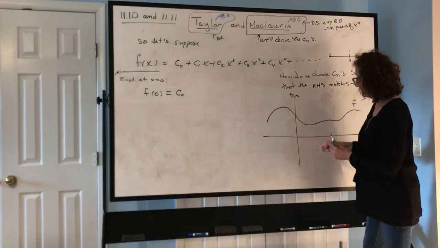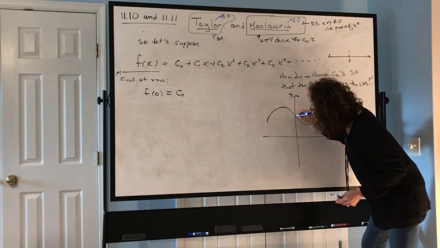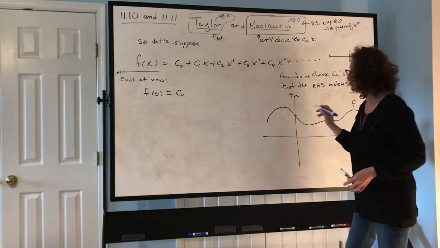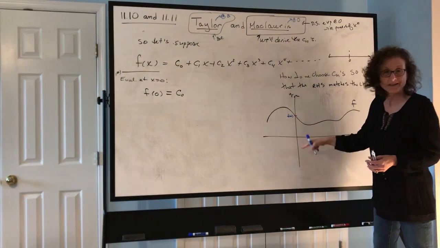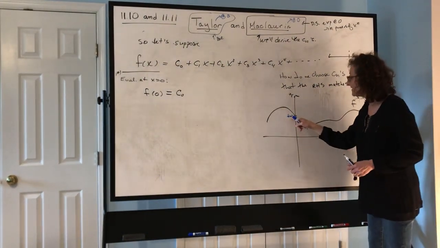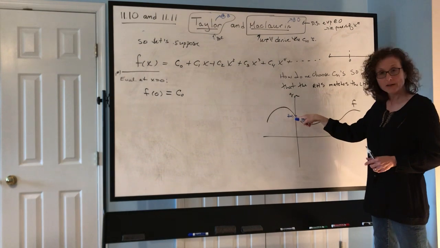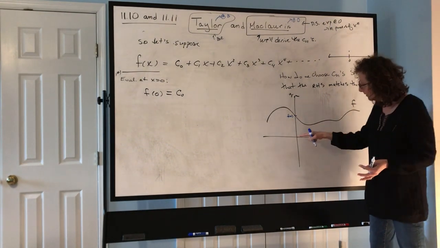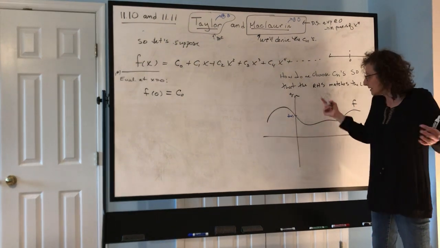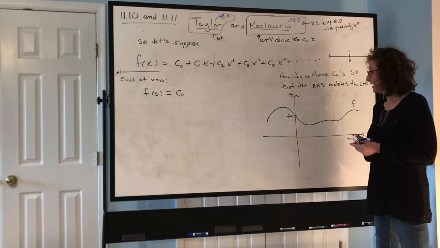Here's 0. f of 0 lives on the y-axis. There's f evaluated at 0. It's this number right here, this distance away. It's this positive number in this picture.